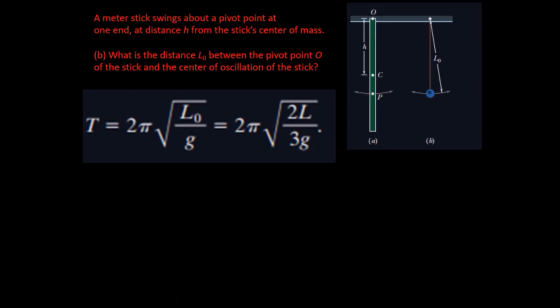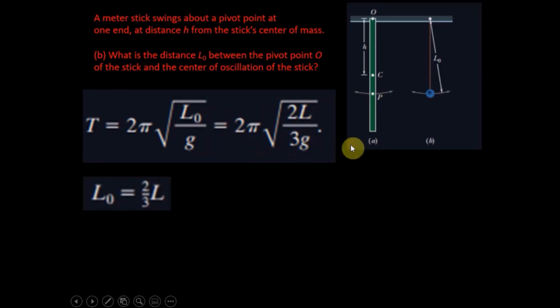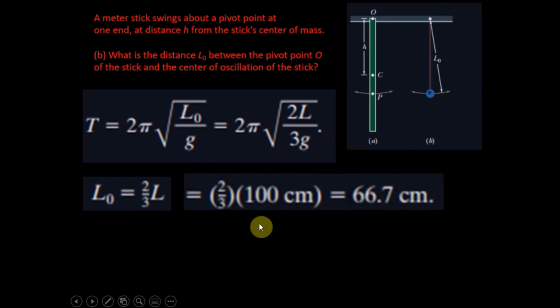That means if we take a look at this, here's L, here's g, this will boil down to L0 being equal to 2/3 of L. We can cancel g out here and we'll end up with 2/3 L. Substituting in, we'll get 2/3 of 100 centimeters, which will equal 66.7 centimeters or 0.667 meters.